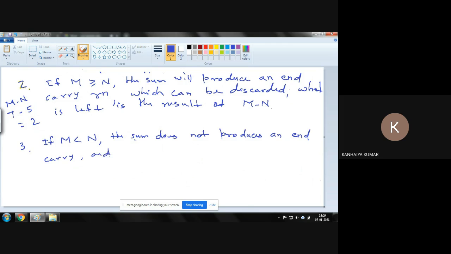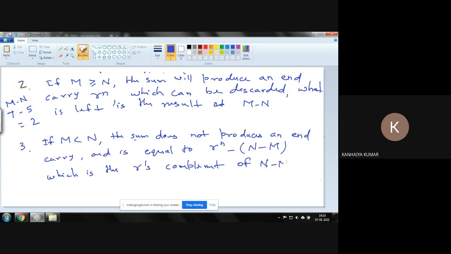and the sum is equal to r to the power n minus m, which is the r's complement of n minus m.